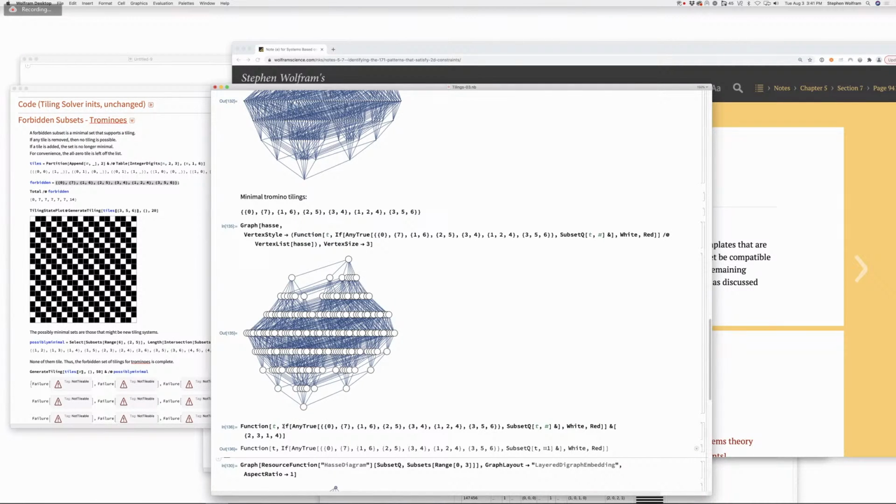What did I do wrong here? Oh, I don't need the hash. Okay, so this says it's white. So it claims, so what's an example of something that contains none of these as a subset? None of these. You could just do 1, 6.